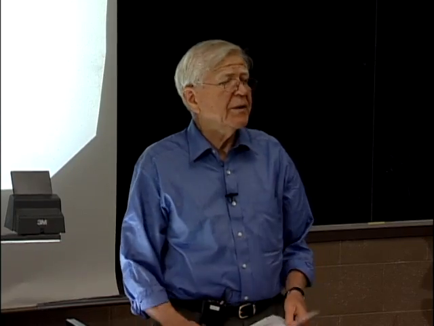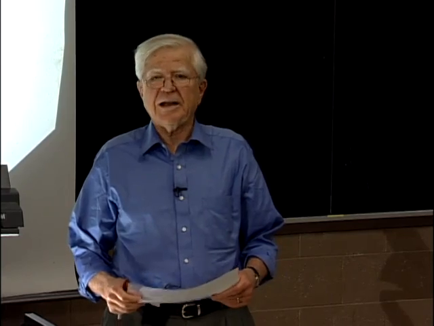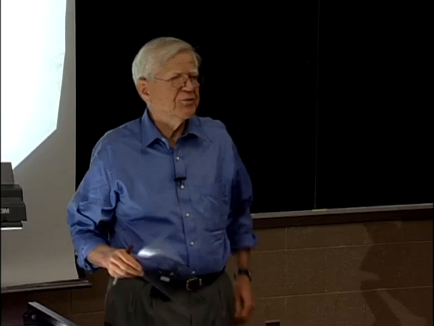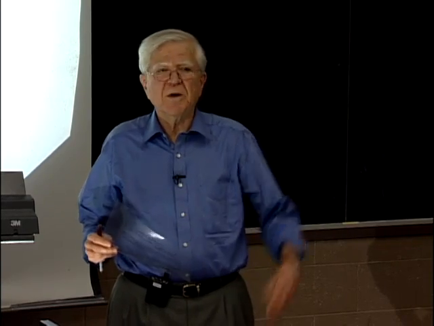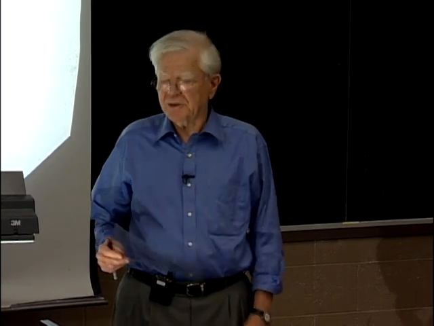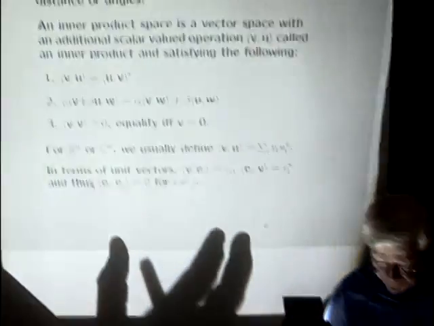Not going to talk at all about infinite dimensional spaces until the last slide today, because the only way I know to understand infinite dimensional vector spaces is by thinking of them in some sort of limiting way of finite dimensional spaces. And I think that's the only way you can do it.